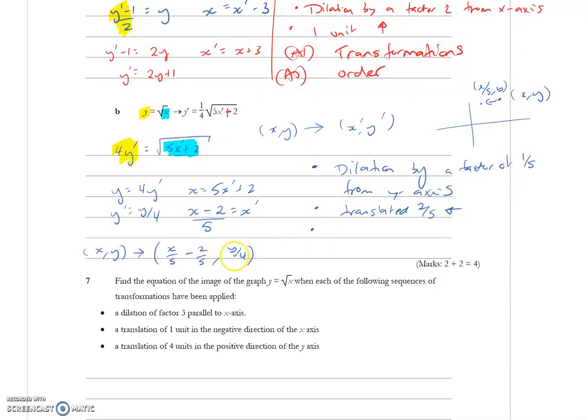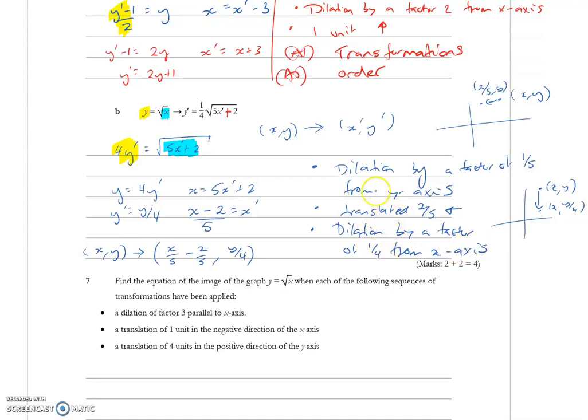And then this one here, the y on 4, it's another dilation factor. So every single x, y coordinate is going like this. You're taking a quarter of y, so it's going towards the x-axis, so it's a dilation by a factor of a quarter from the x-axis.